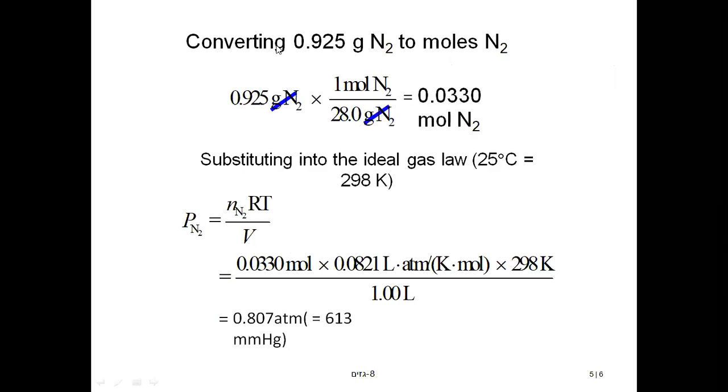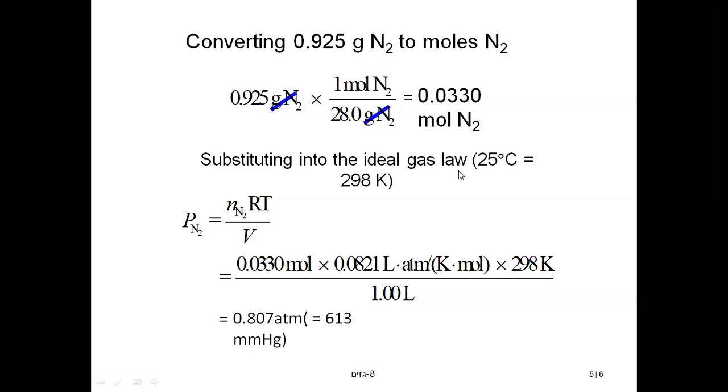First of all, we have to convert 0.925 gram of N2 to moles. We multiply 0.925 gram by 1 mole over 28 gram, which equals 0.0330 mole.